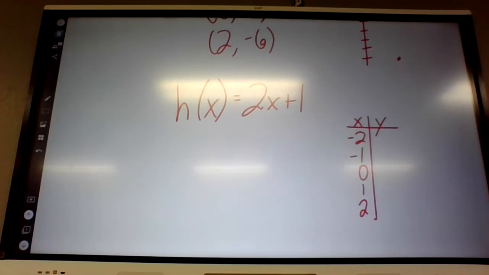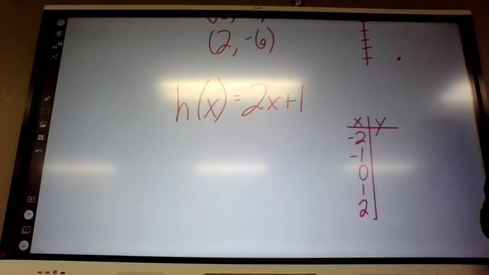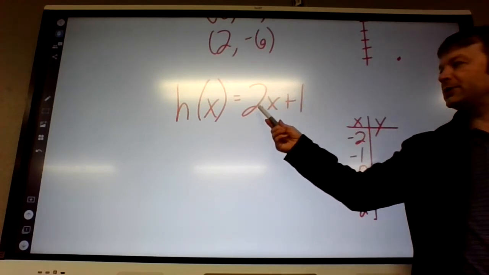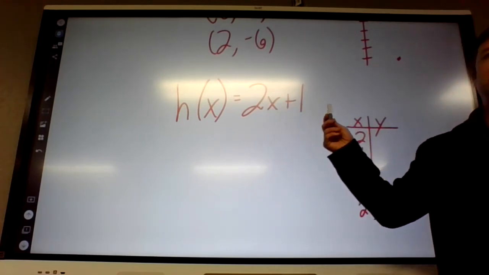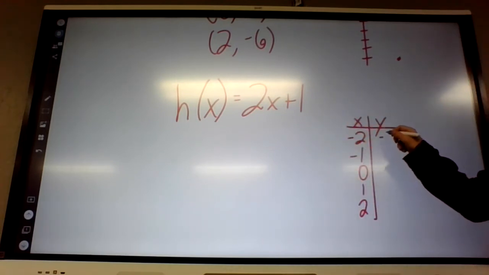Number 5. I'm writing it in table form instead of the parentheses ordered pair form. If I plug in -2 for x, what's 2 times -2 plus 1? -3.